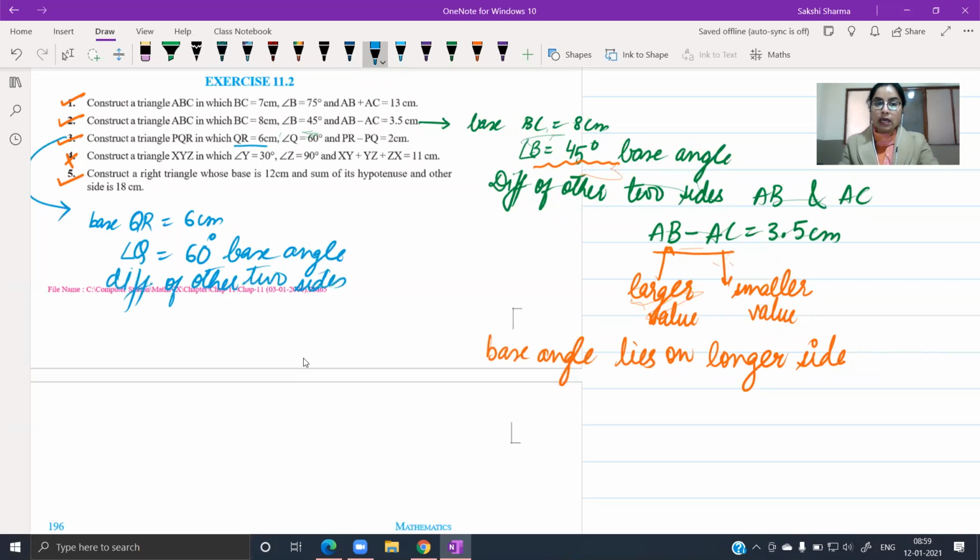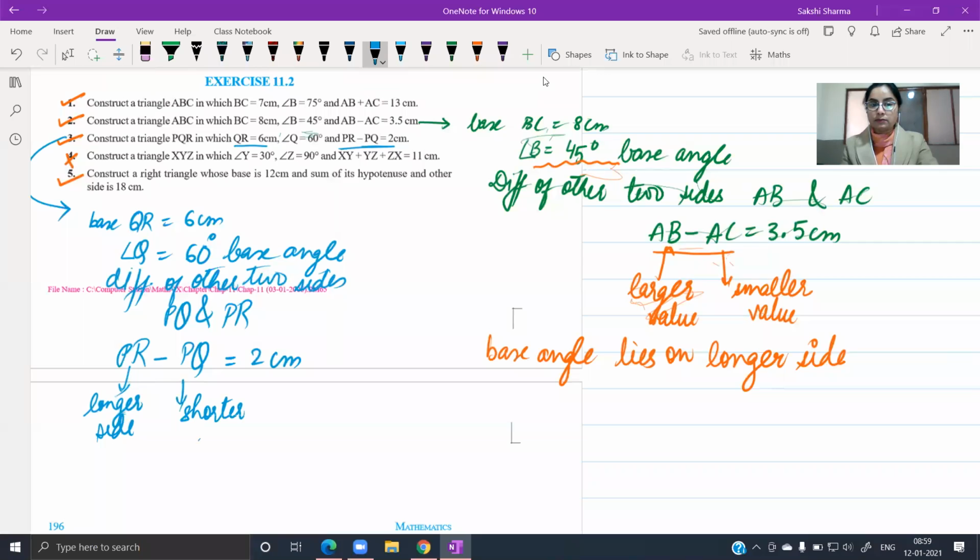The other two sides are PQ and PR. Observing how the difference is given to us, the difference is given as PR minus PQ equals 2 centimeters. So this time PR is the longer side and PQ is the shorter side. And on which of the two sides does your base angle lie? Observe. In this case, the base angle Q lies on the shorter side.